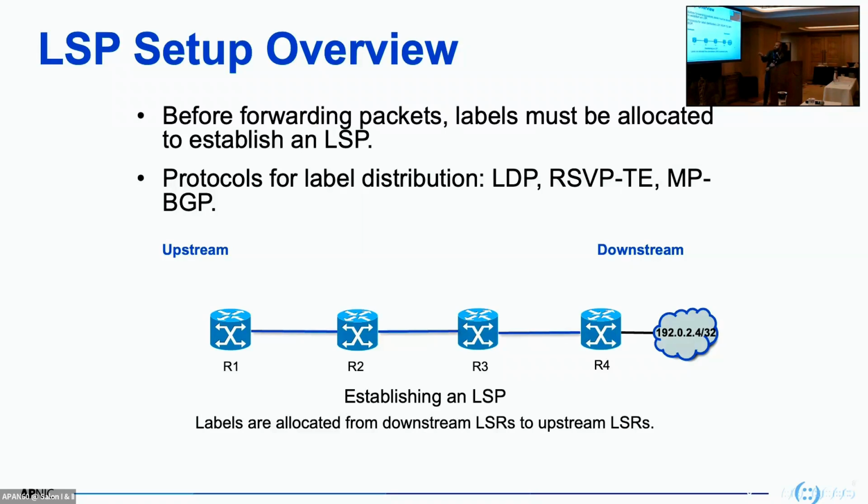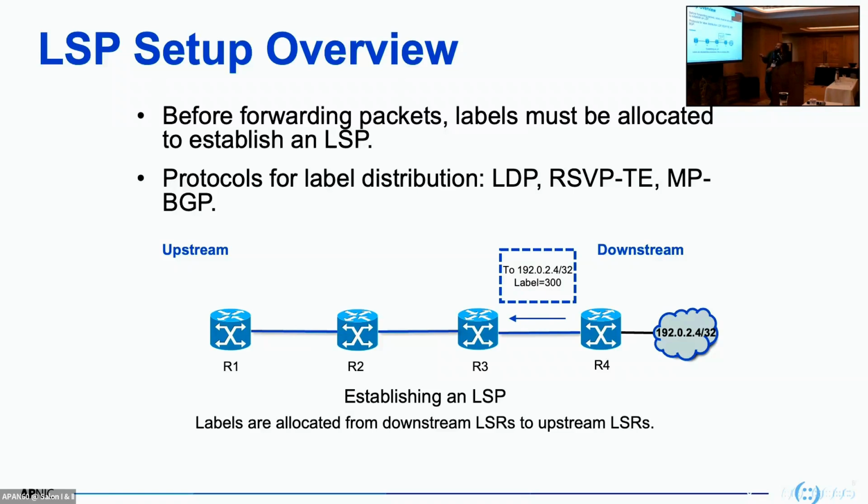When router R4 informs its neighbors, hey, I have a network, you can come to me, but you can actually use an MPLS label to come to me. R3 needs to know this route, so this has to be advertised. Similarly, the label also needs to be advertised.